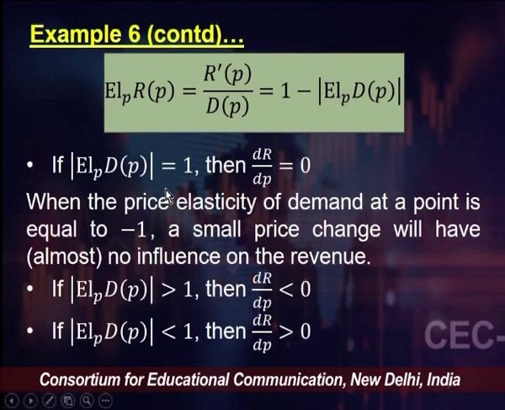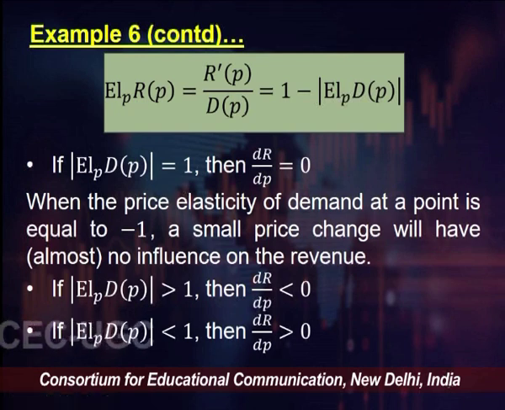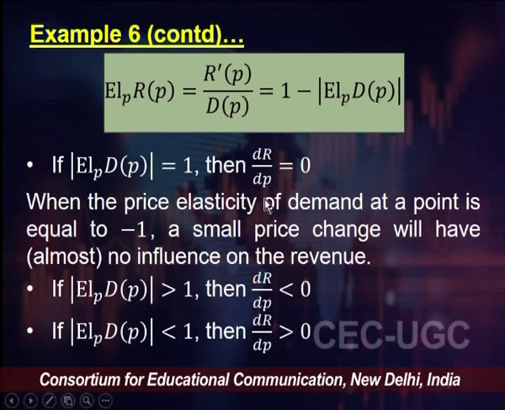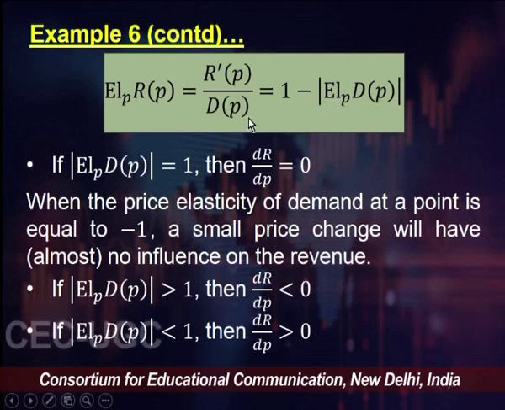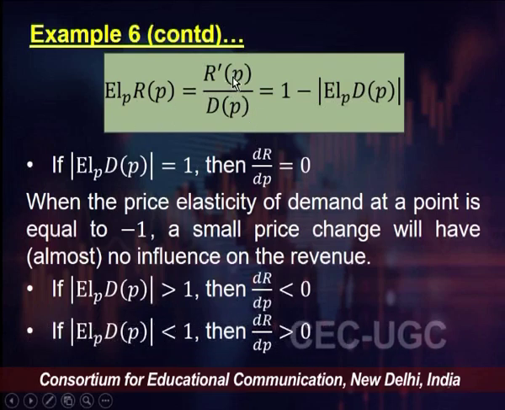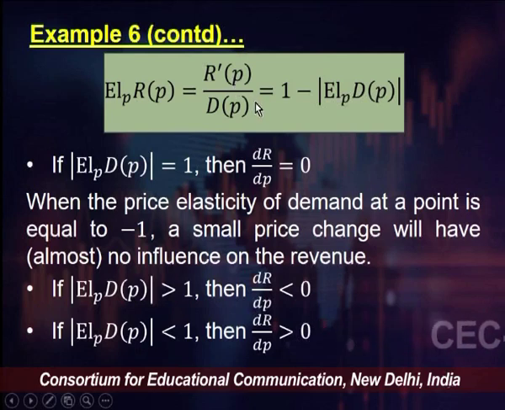So, if the price elasticity of demand in absolute terms is 1, which is to say the function is unit elastic at p, then dr by dp is going to be 0, because the elasticity of revenue with respect to price is dr by dp times 1 by d of p.